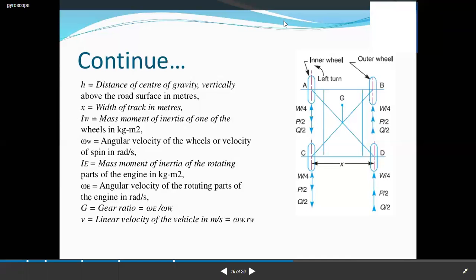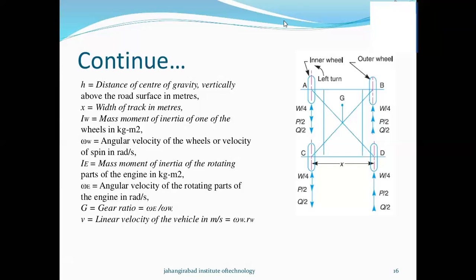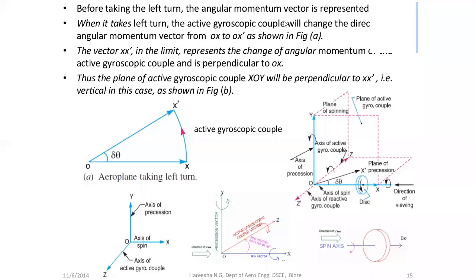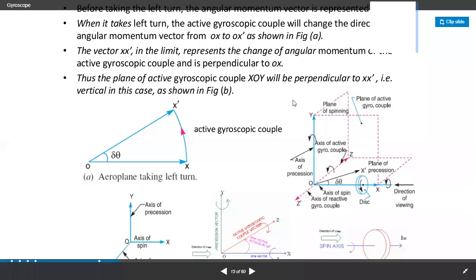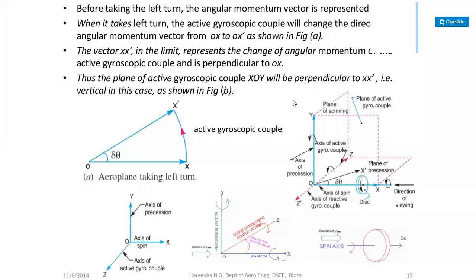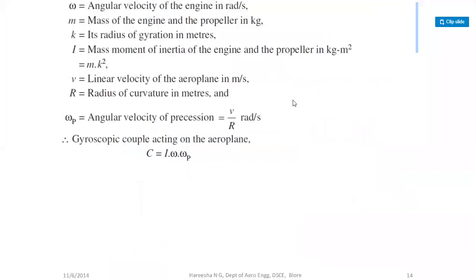So now we are going to discuss the gyroscopic effect on the aeroplane. The aeroplane is subjected to gyroscopic effect when it is taking off, landing and negotiating a left or right turn in the air, right?